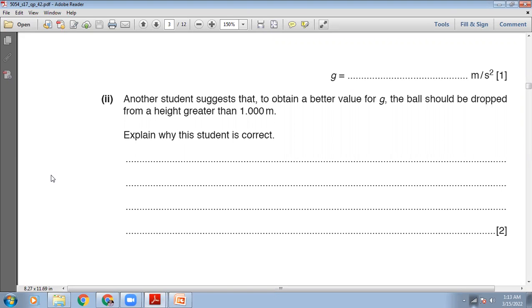When the time taken is larger, the measurement will have less effect of the human reaction time, because the time you are measuring will be larger, so your reaction time will be a smaller portion of the time measured. So that's the reason.